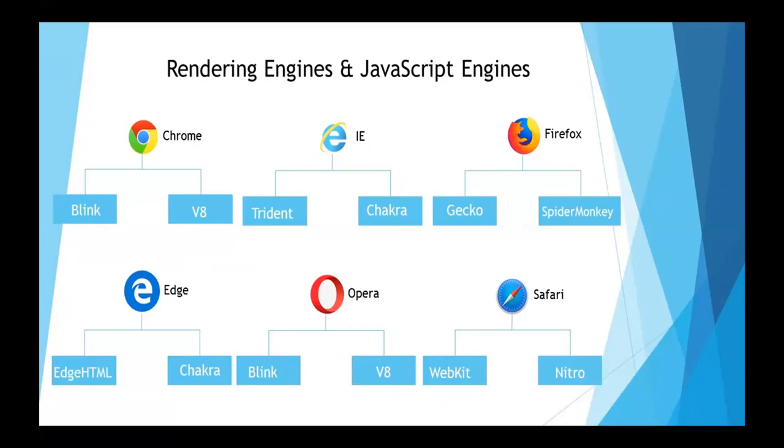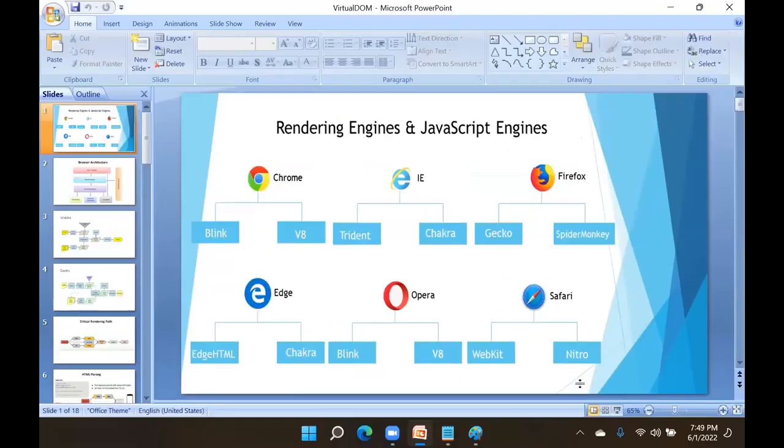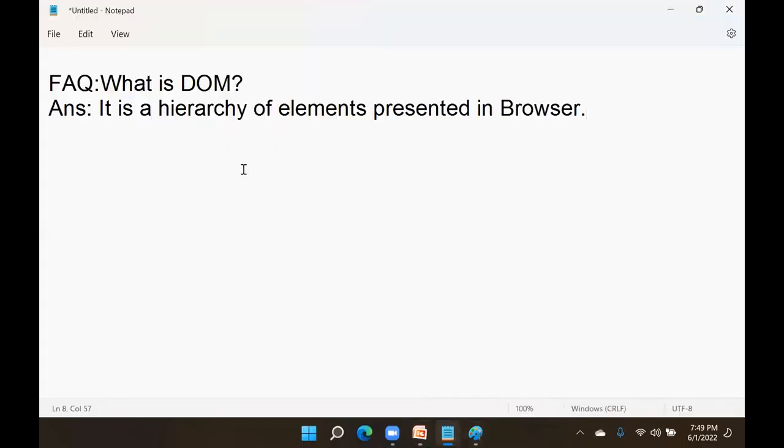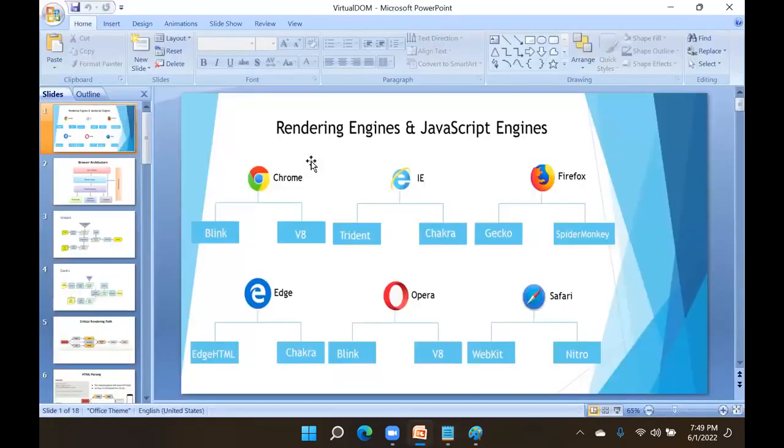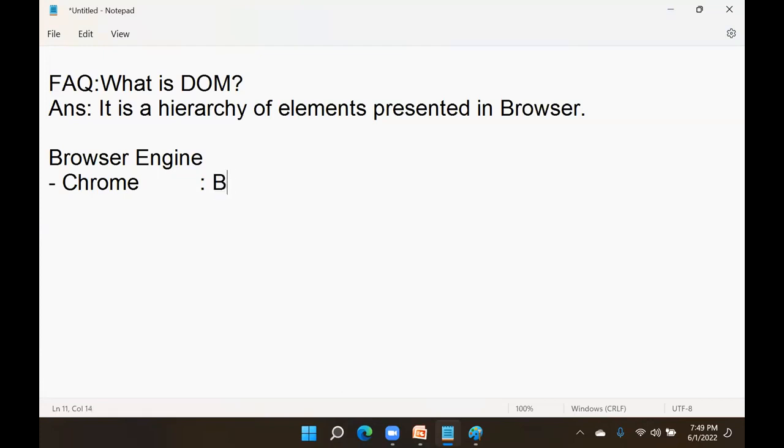So these are the various browser engines. I will share this diagram in the classroom. To understand DOM, first you need to understand browser engines. Every browser has a different engine. Chrome has Blink and V8.